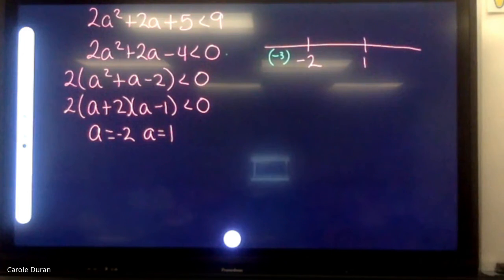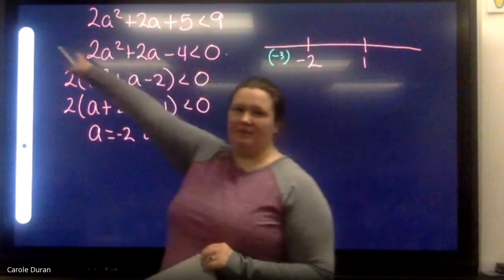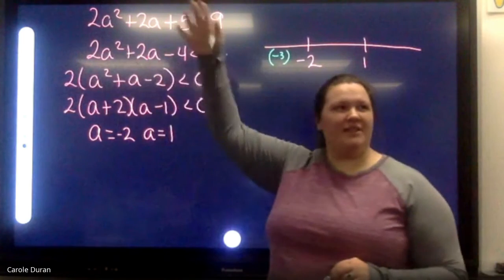Okay, what happens when I plug negative 3 in? What number did you guys get? Somebody tell me they got something. Oh, we're sitting here waiting for Gabe to think about it. Did anybody plug negative 3 into this equation? No, so let's do it together.